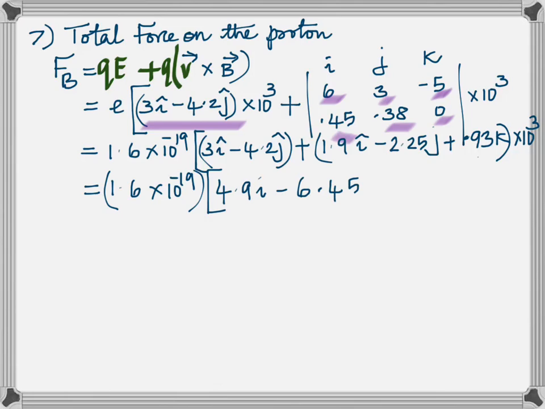Collect the I terms together, the J's, and that's the only K term, and times 10 to the 3.